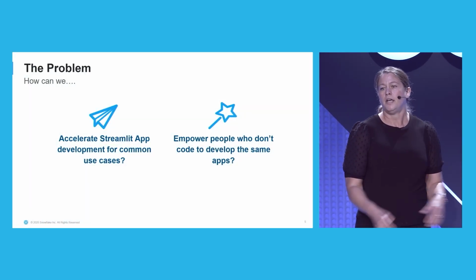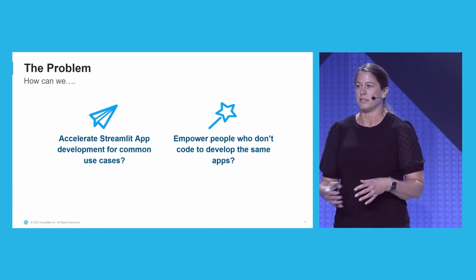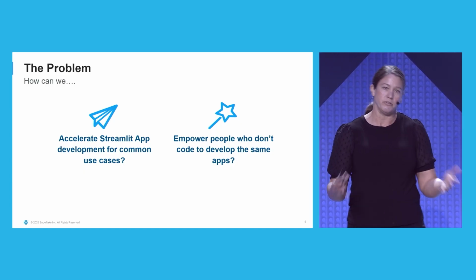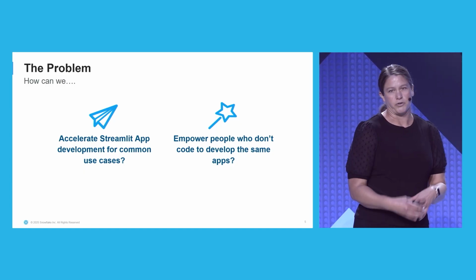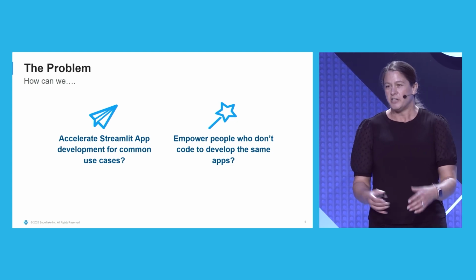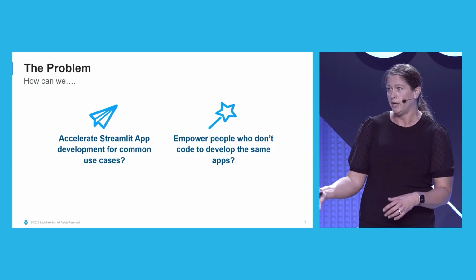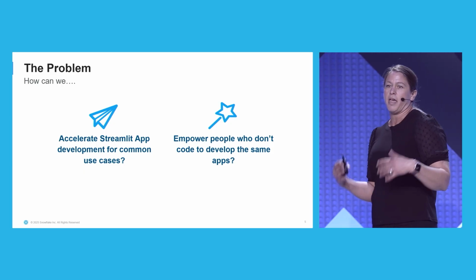Now, my problem that I was gifted at work centered around two questions. The first being, how can we accelerate development of Streamlit apps for common use cases instead of starting from scratch for each one? And at the same time, wouldn't it be cool if we could empower our business users that don't know how to code to create those same apps?